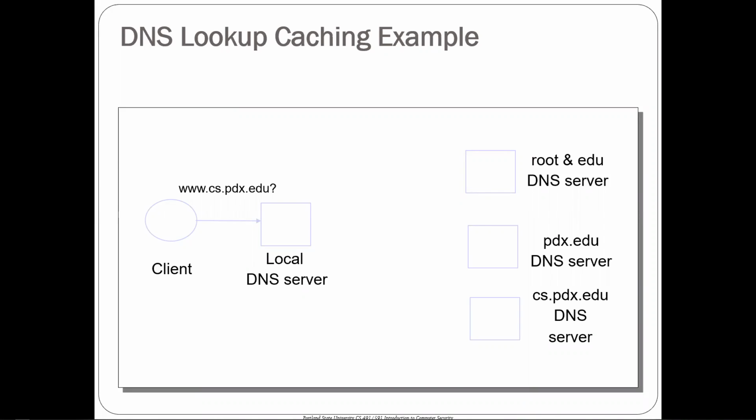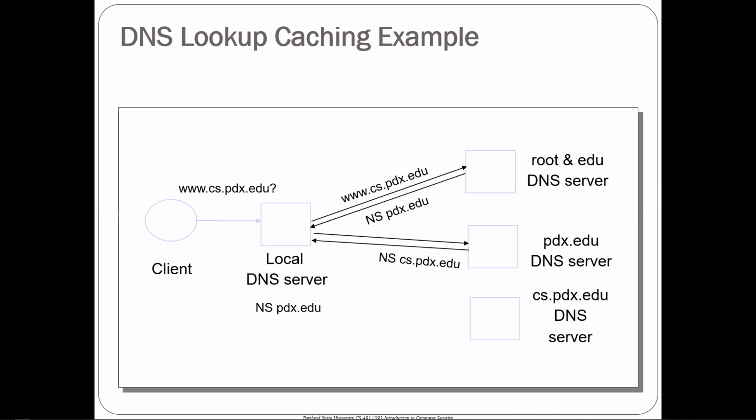Then you're going to ask this local DNS server for a name, and assuming this is a fresh server that doesn't have anything cached, it's going to perform this lookup and get the NS record for the root, the .edu, and then potentially the NS record for pdx.edu. This is going to get cached because you don't want to have to look this up again and again. And if these NS records have a TTL, then you will cache that record for that TTL value before you delete it.